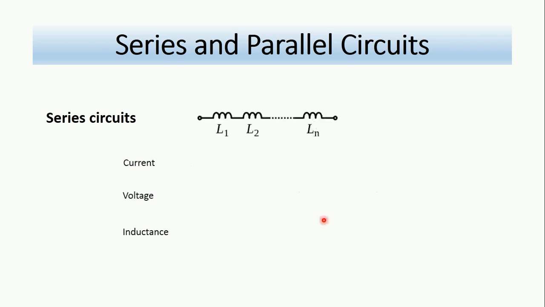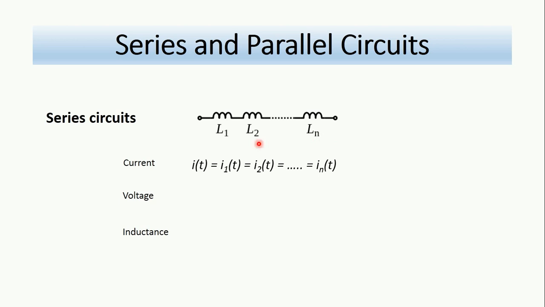If you go to inductors, which are present in AC circuits, they have a similar principle to resistors as well. So the current flow must be the same in all inductors. Now the current is a function of time since this is an AC circuit, but it is identical. What about the voltage drop across individual inductors? The sum of the voltage drops across individual inductors must be equal to the total voltage drop from end to end.